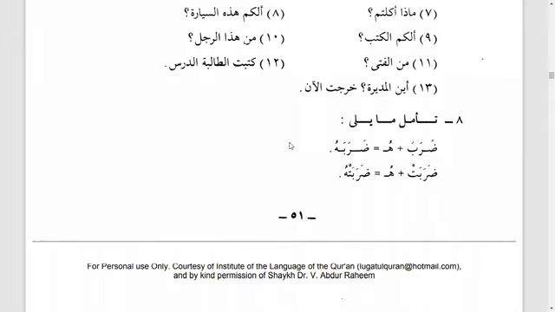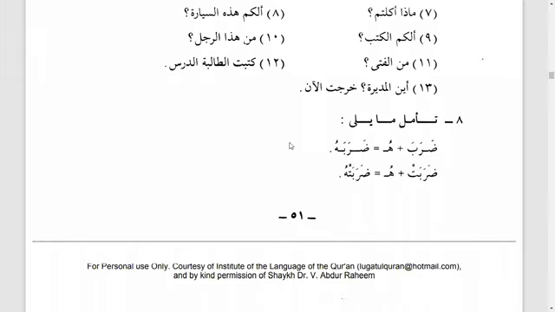Any questions? So with zanna, the other verbs that you gave, farra and radda, the sixth form will be fararna and radadna. Radadna, that's right. Because the idgham continues up to form number 5. In the 6th form, the idgham breaks and it becomes the regular form.